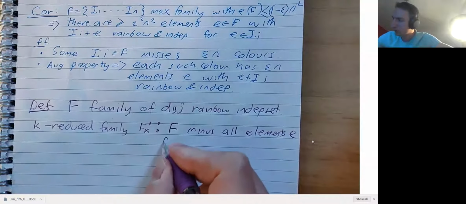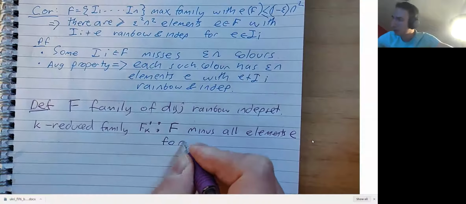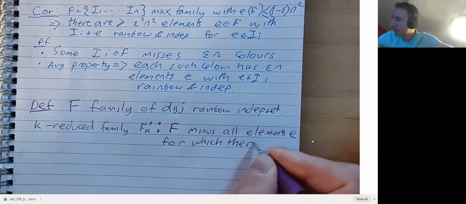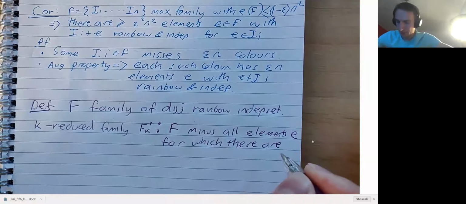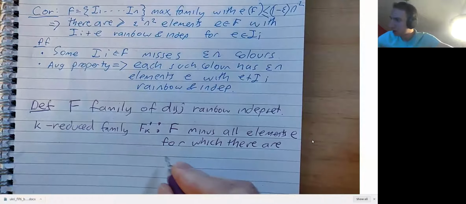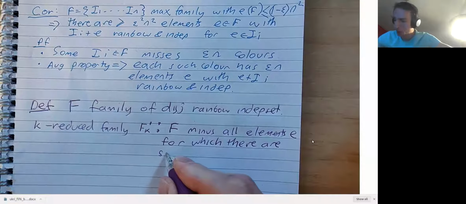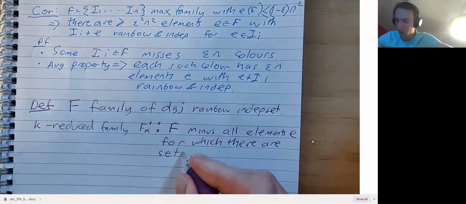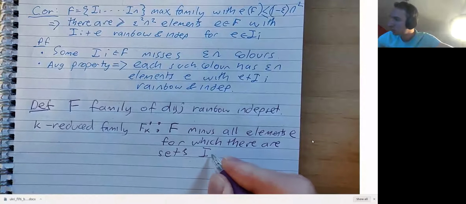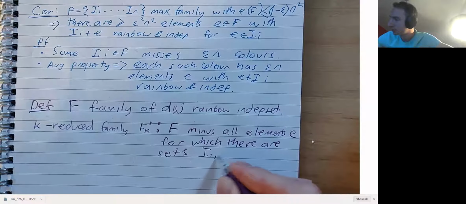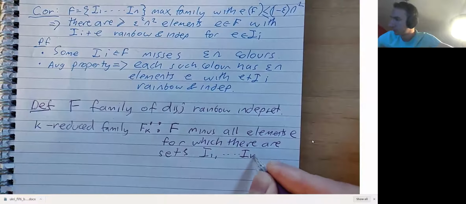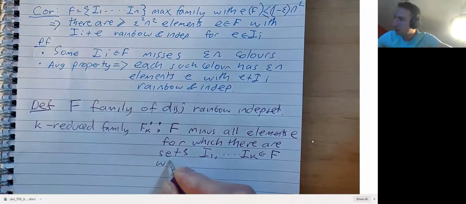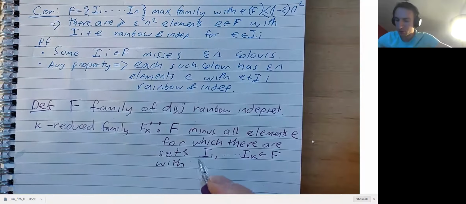So the property is that for each of the elements which you delete, there's a lot of independent sets in the family to which you can move them. So you can pick K sets in the family where you can move this element and still get something that's rainbow and independent.